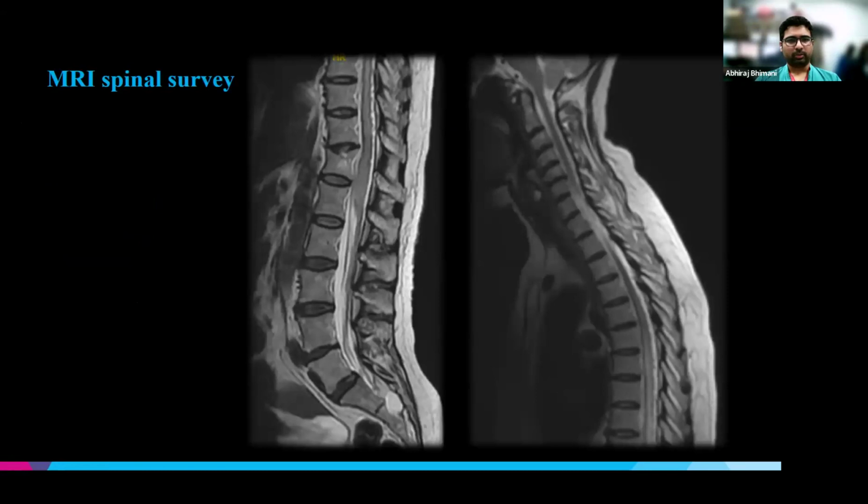So we have an MRI spinal survey on arrival, as we discussed. Let's go back to Dan. Is there any specific abnormality you see on this MRI? Yeah, so we're looking at a T2 sagittal of the lumbar and thoracic, actually going all the way up to cervical.